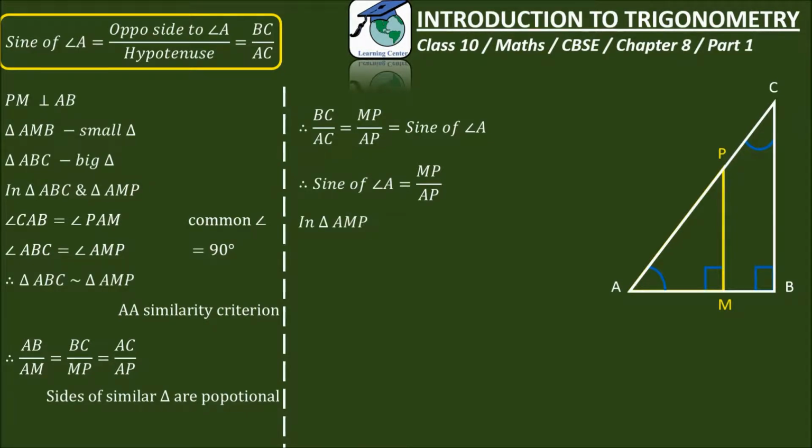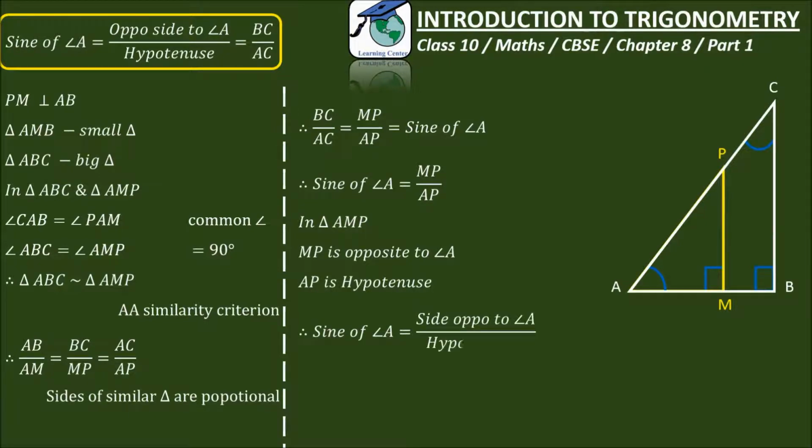In this triangle AMP, MP is a side which is opposite to angle A and AP is hypotenuse of this small triangle AMP. So in place of MP, I can write side opposite to angle A, and in place of AP, I can write hypotenuse. Therefore, again the sine of angle A is nothing but equal to side opposite to angle A divided by hypotenuse. Therefore, sine of angle A is equal to BC upon AC is equal to MP upon AP.